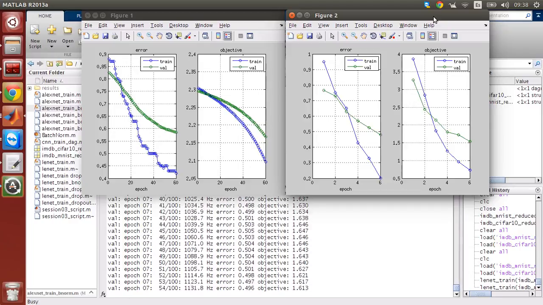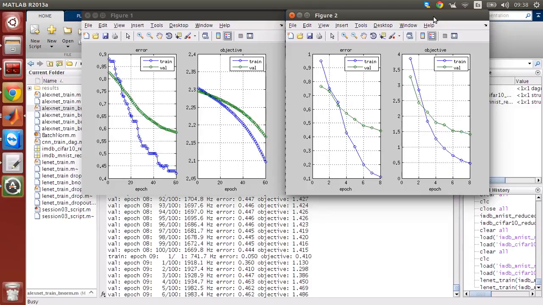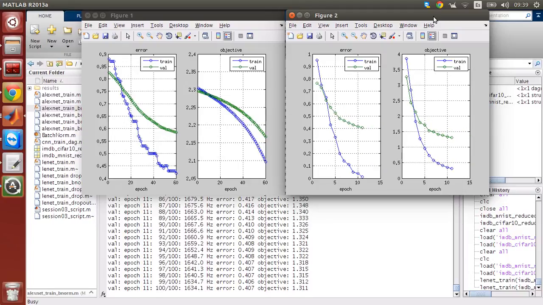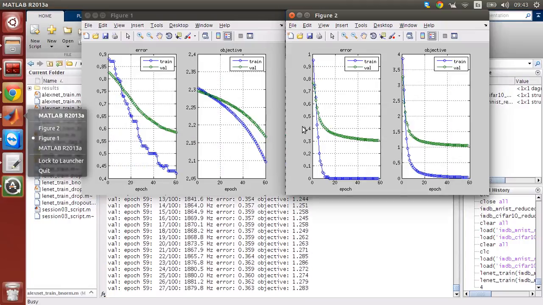This is showing you that a proper initialization can improve a lot the classification error you get. So we're about to finish.